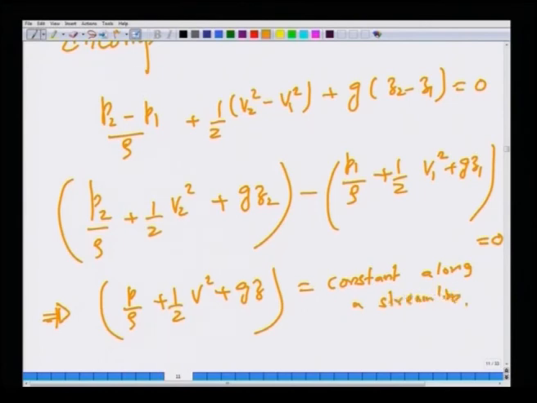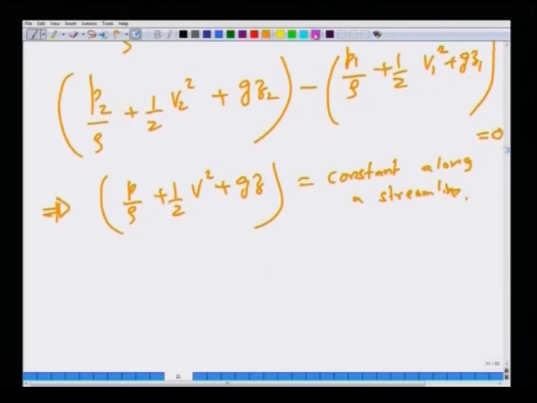And this is the famous Bernoulli equation, which we derived earlier as a consequence of integral energy balance, but we had to make assumptions that the control volume is essentially a stream tube, and we shrunk the stream tube to the limit of a streamline and assumed that there is no viscous shear stress by the surrounding fluids.